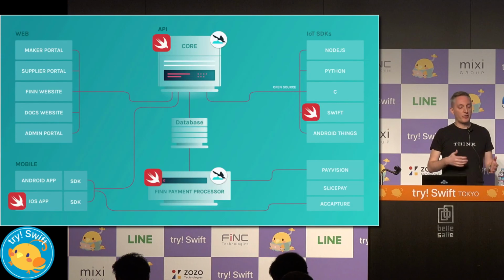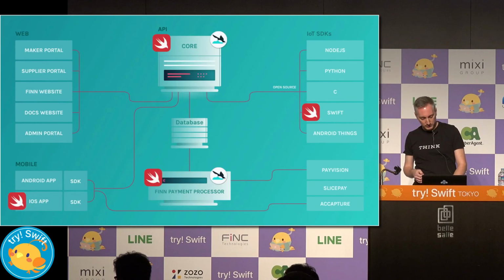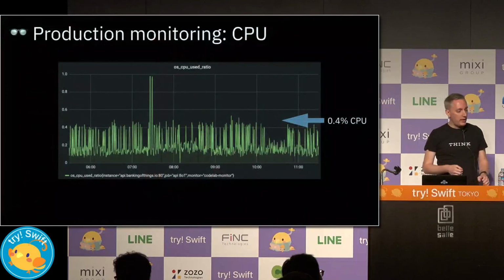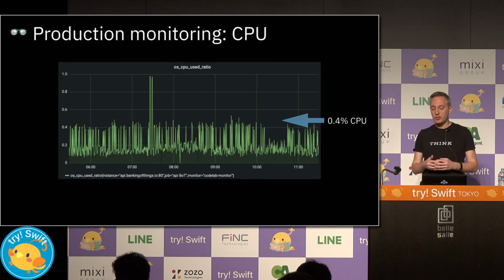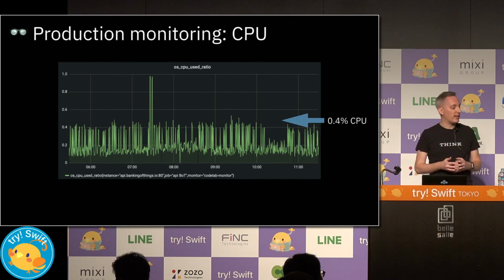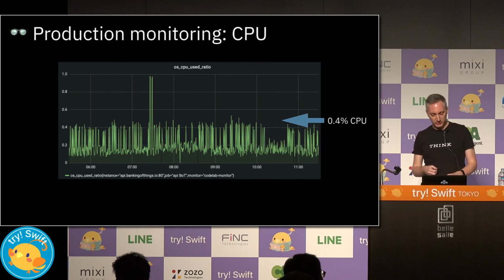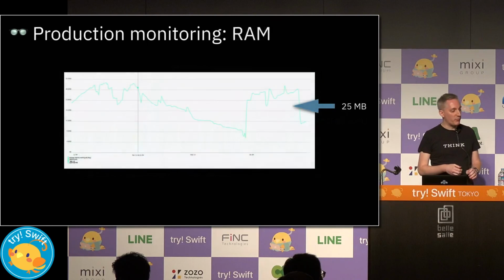Let's take a look at some of the production data from these Swift microservices. Here we're looking at live CPU monitoring from Kitura, collected via Prometheus metrics and visualized using Grafana. You can see that Kitura is using less than 1% CPU. Looks good. And here's a different view.